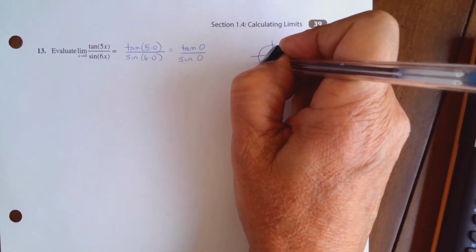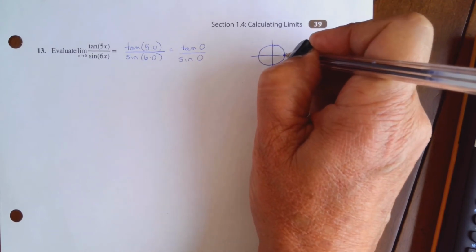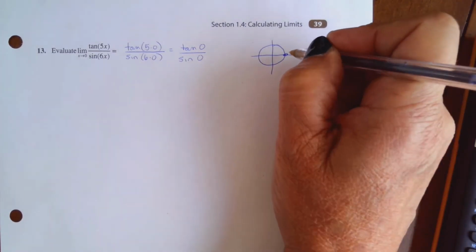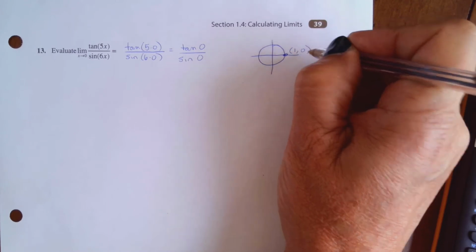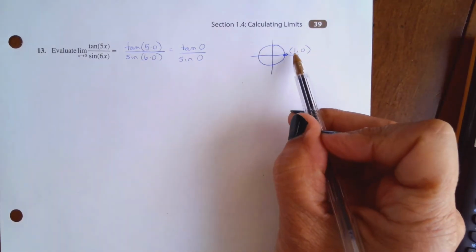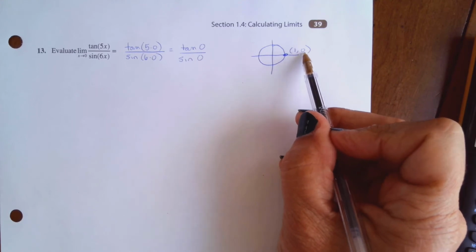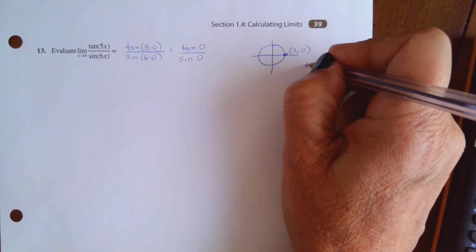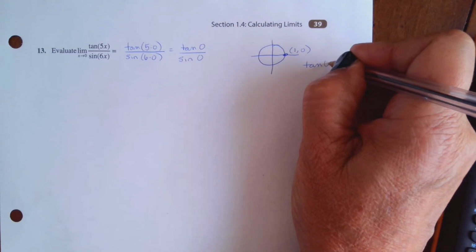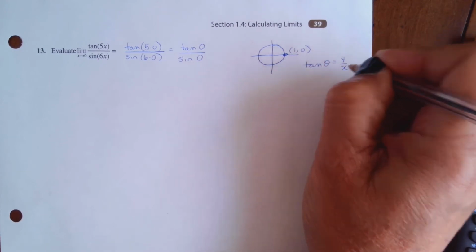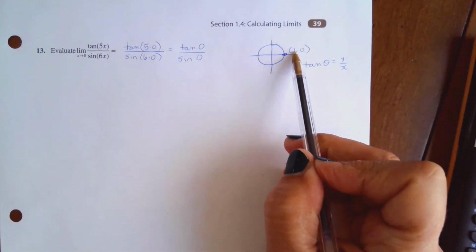If I look at my unit circle, the very first point on there is 0, and remember the ordered pair for 0 is (1, 0). Remember the x-coordinate is the cosine, the y-coordinate is the sine, and the tangent of any function, remember, is y over x. So it would be this number over this number.